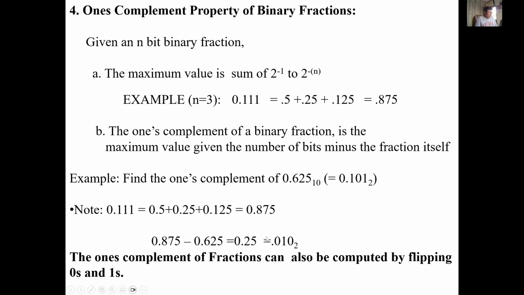If we convert 0.25 to binary, it's 010. Take note that incidentally, what applies to integers also applies to fractions: the ones complement of fractions can also be computed by flipping zeros to ones and ones to zeros. That's a very important property for us to understand the process of subtraction.